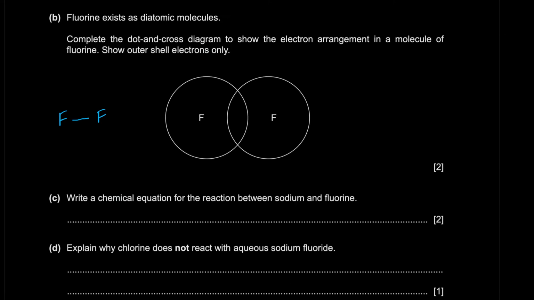Fluorine on the left will be blue dots, and fluorine on the right will be these crosses. We can see there are 7 of these crosses, 7 of these dots, but each atom has 8 electrons in its outer shell. That makes fluorine very happy.